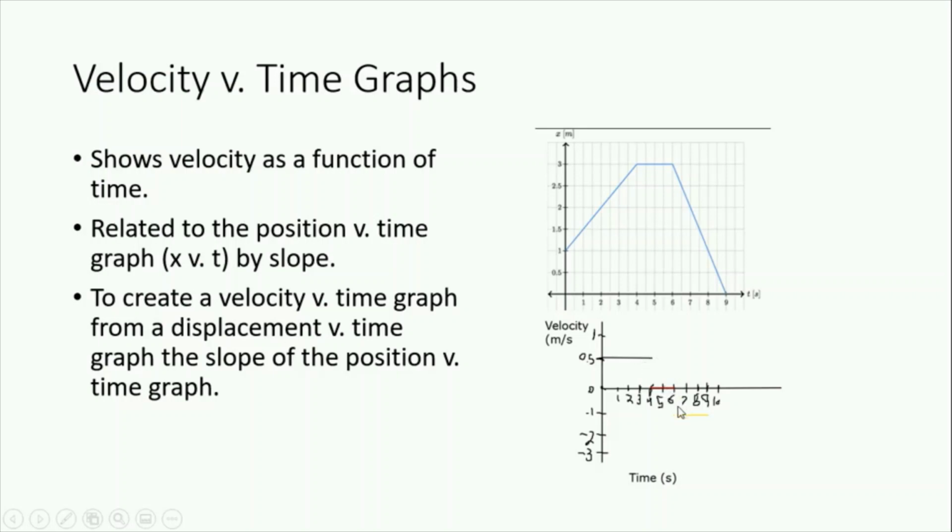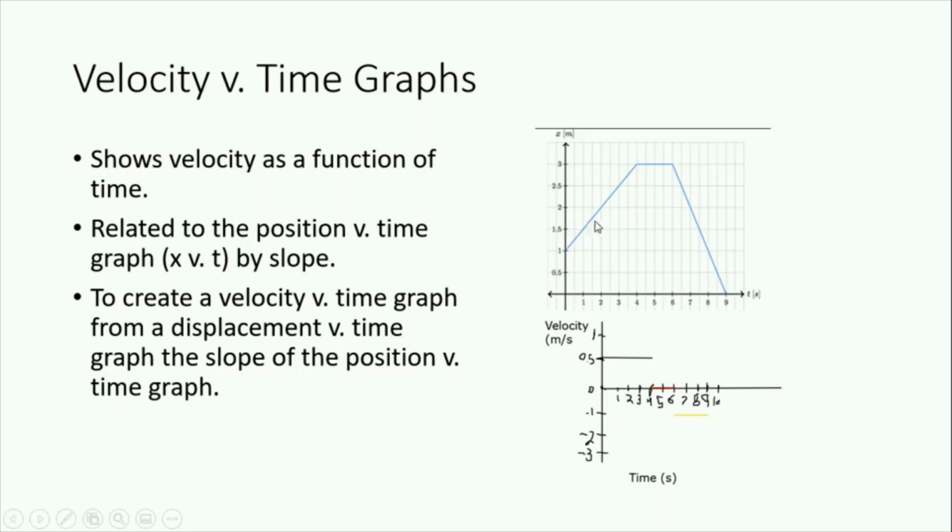For the next section, from 4 to 6 seconds, it didn't have any velocity. So I just put the line down at 0 because that was the slope off of my distance graph. And then for my last one, from 6 seconds to 9 seconds, it had a slope of -1. So here's my line representing -1. So that is how to create a velocity versus time graph from a distance versus time graph.